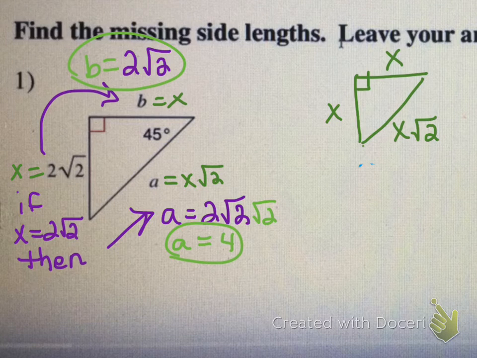We're going to plug in 2 square root of 2 for the long side, and then we'll multiply it by square root of 2. So plugging in a square root to part of the picture that has a square root in its formula just means we're multiplying square roots. And that number cancels when you have a square root of 2 times the square root of 2. It just becomes 2. So it's 2 times 2, which equals 4.